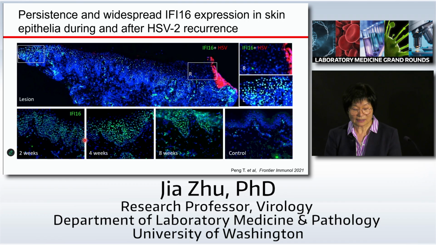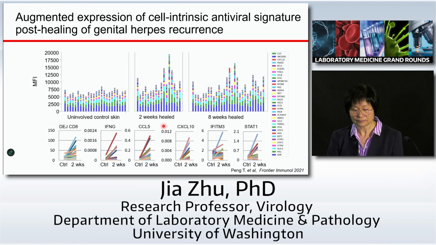We see heightened IFI16 expression in those post-healed tissues, but rare in normal controls. So this data supports that CD8 TRMs could, through interferon gamma expression, provide widespread protection in the surrounding skin epidermis.